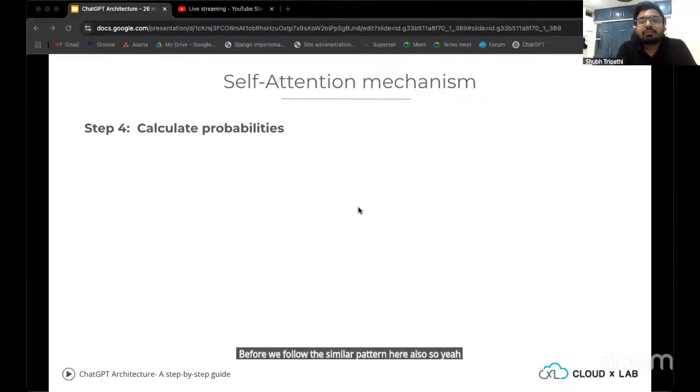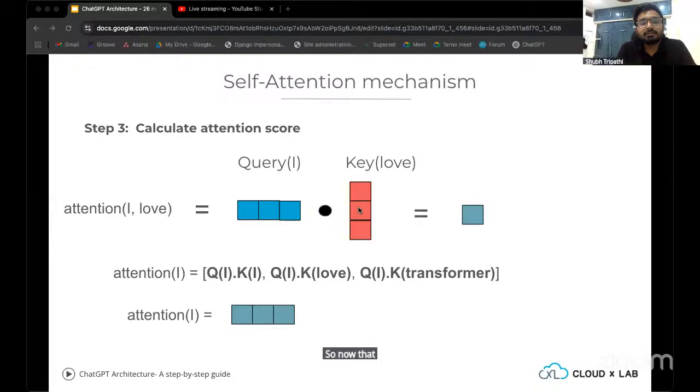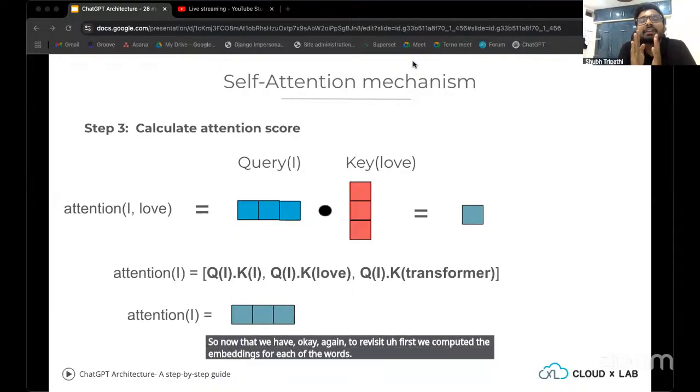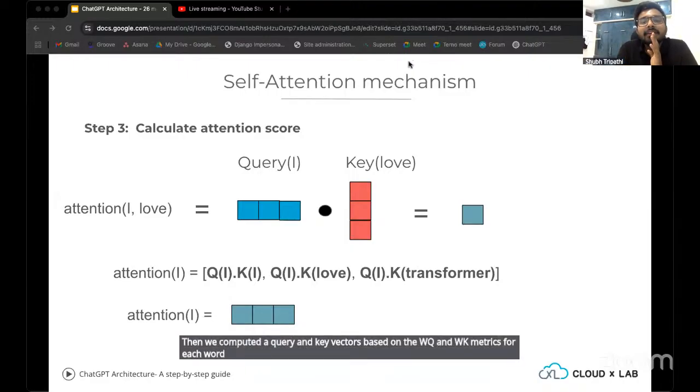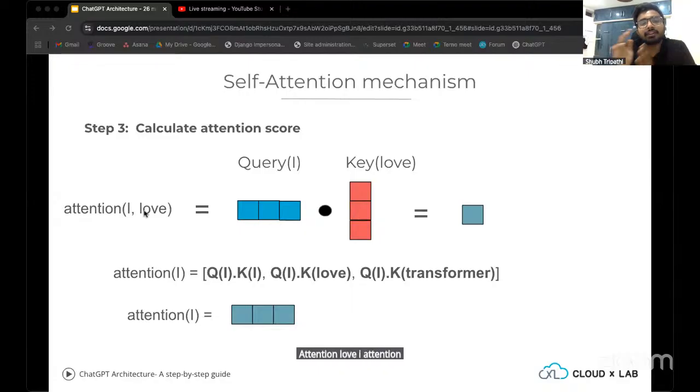Again, to revisit: first we computed the embeddings for each of the words. Then we computed query and key vectors based on the WQ and WK matrices for each word. Then we computed the attention score. Here I have only computed the attention for I. In a similar way, we'll compute attention for each of the words. So for love, it will be attention love I, attention love love, and attention love transformer.